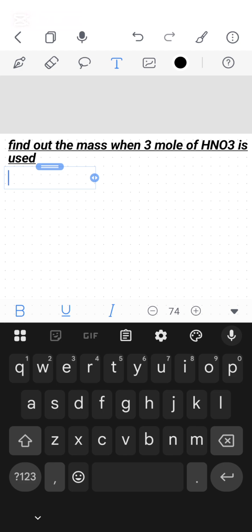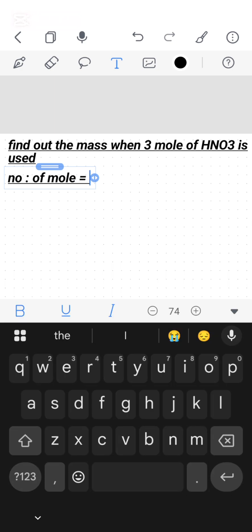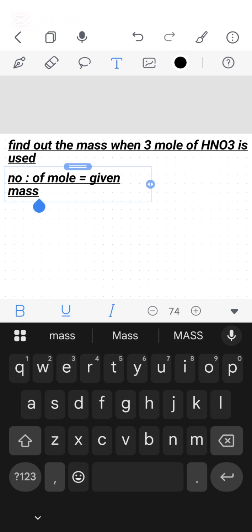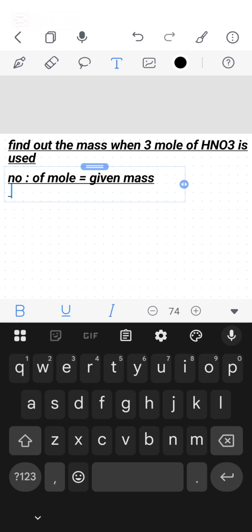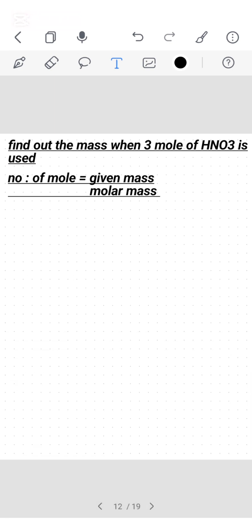We will be using the normal formula of mole that we discussed in the previous class, which was number of moles is equal to given mass upon molar mass. So that is the formula of the mole.